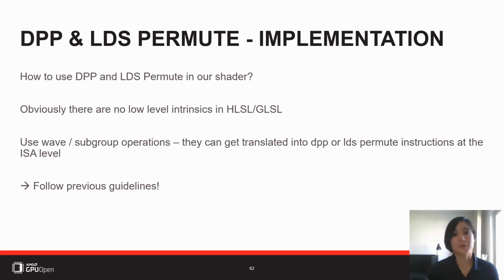If you want to use these instructions, you have to use wave operations or subgroup operations, and if you follow the previous guidelines, they can get translated into DPP and LDSP mode instructions on the ISA level, and they actually will. If you have some Swizzles within a group of 8, then the compiler will notice this and will do the most performant way, which will most likely be the DPP usage.